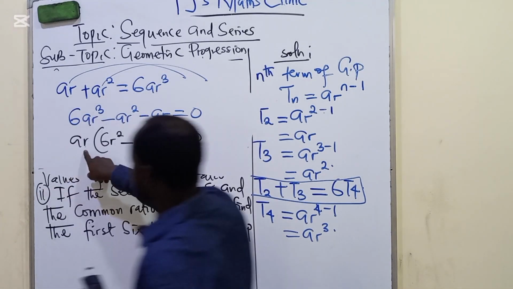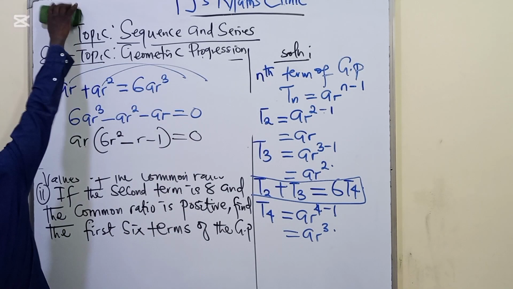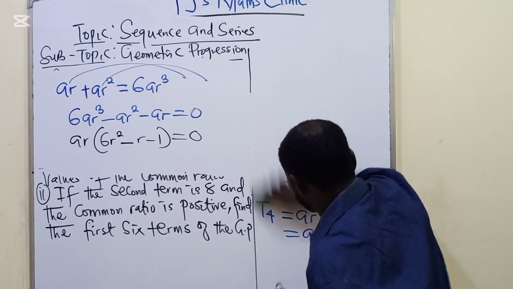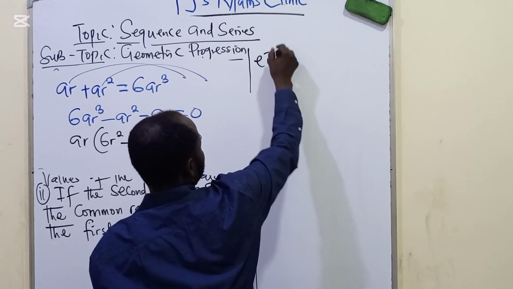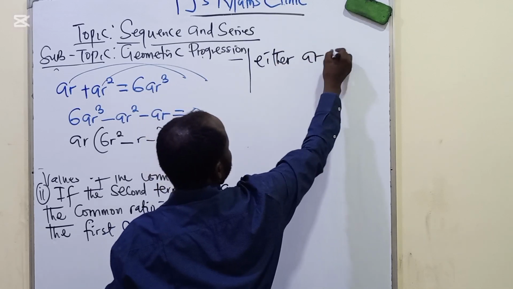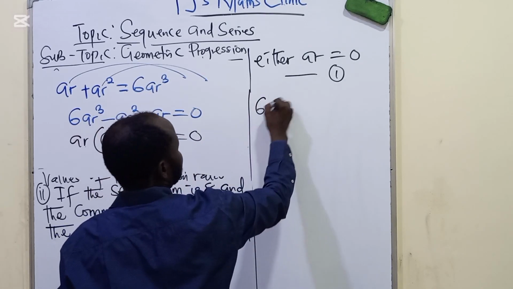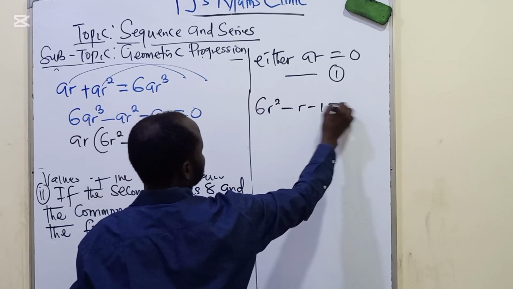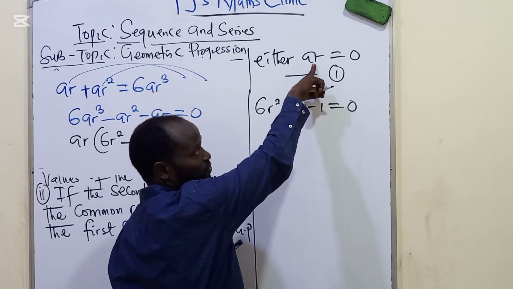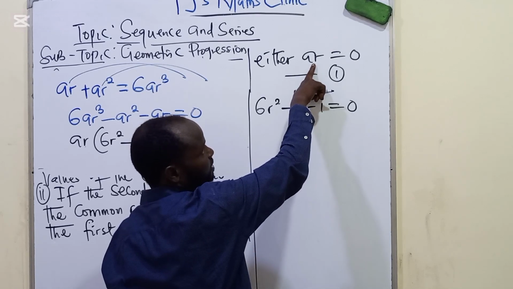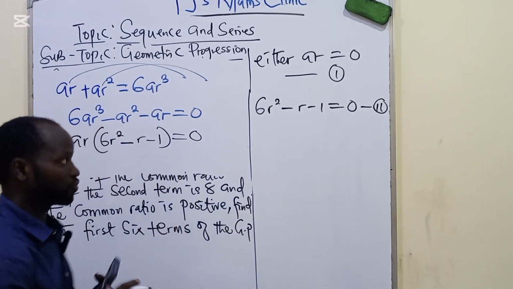So it means either AR equals 0 or 6R squared minus R minus 1 equals 0. Let's call AR equals 0 equation 1, and 6R squared minus R minus 1 equals 0 equation 2. At this point, from equation 1, if we divide through by R, A will be 0 and R will be 0. A and R will be 0.